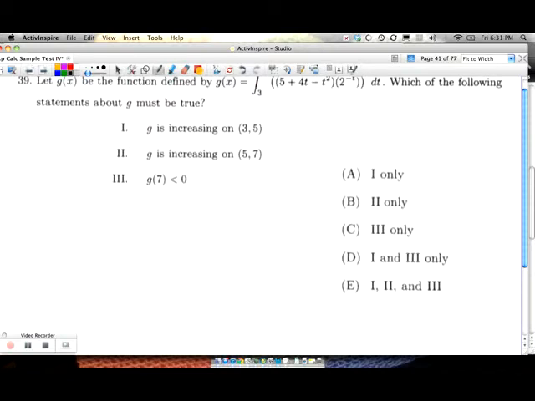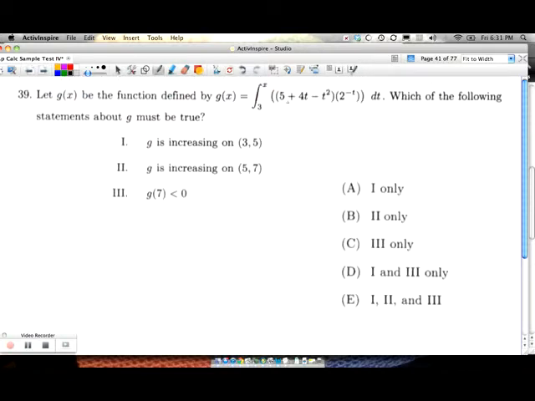Number 39. Alright, let's see if we can see this a little bit better. Scroll up. Let g of x be the function defined by the integral from 3 to x of this times this. Which of the following statements about g must be true? G is increasing on 3 to 5. Well, how would I figure that out?